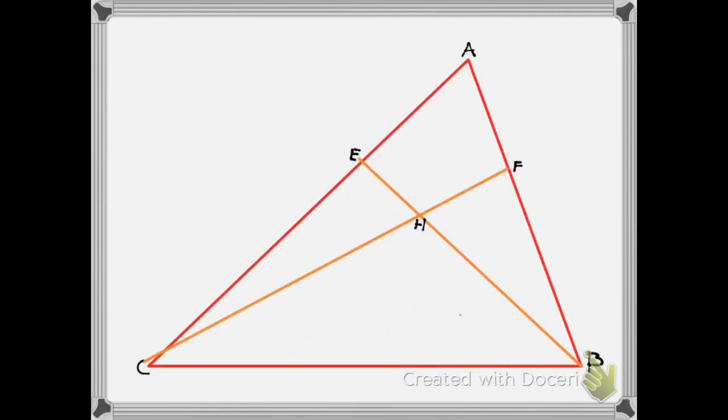Okay, so this time I've only drawn in two of the altitudes, but we can of course still find the orthocenter at H. So we have the altitudes CF and BE, and we're going to do some angle chasing in here using the fact that this angle here and this angle here are both right angles, right?